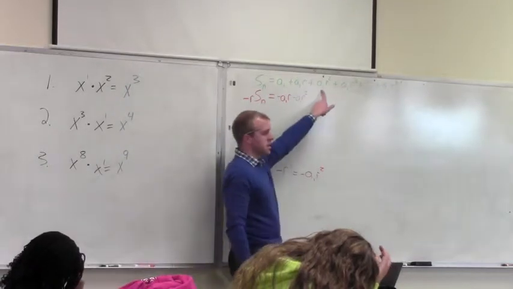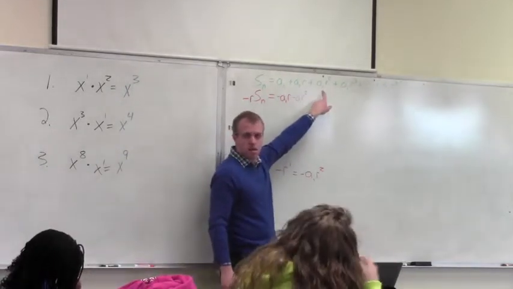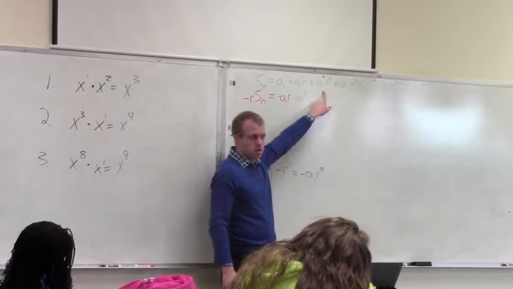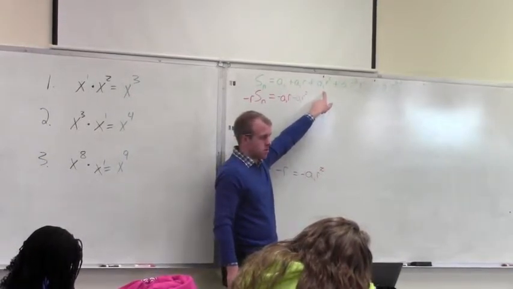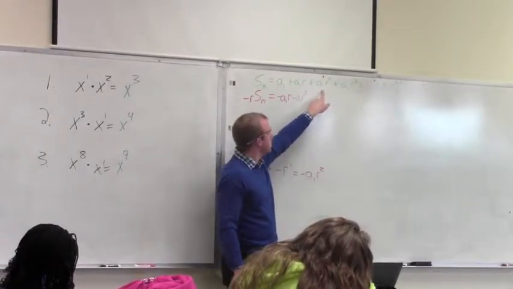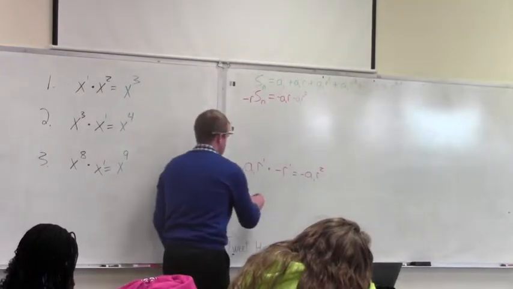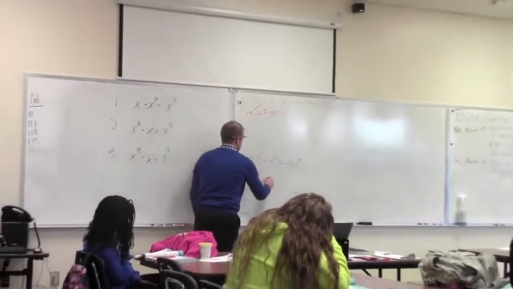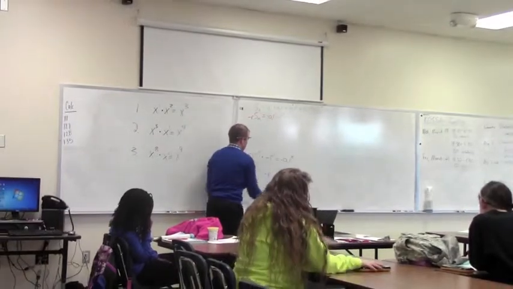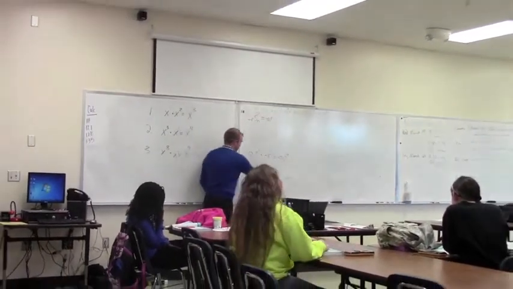So what happens here without looking at your book? What do we get? Negative A sub 1 r cubed. Do you agree? So I already have r squared, so I'll write it out down here: A sub 1 r squared times negative r. Do you agree again that this is a 1?